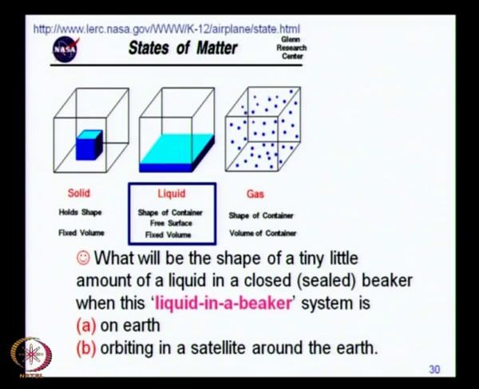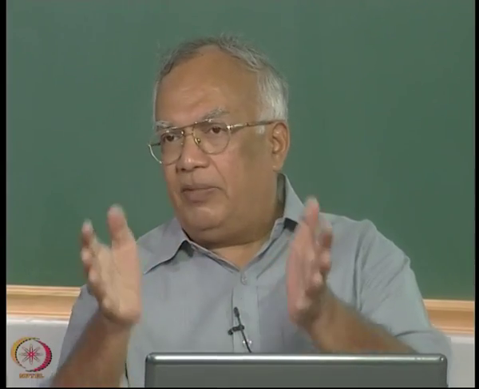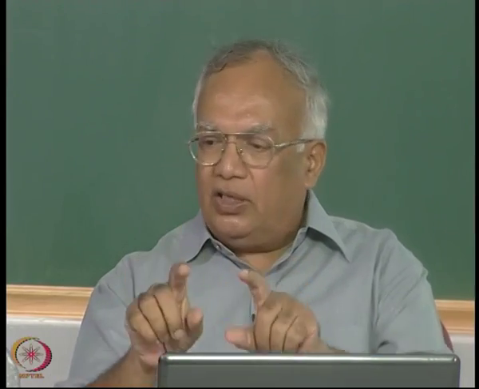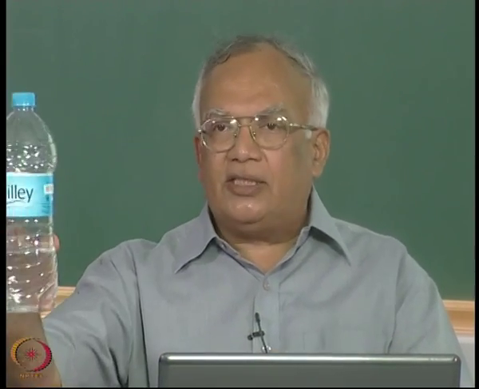The question is, what will be the shape of a tiny little amount of liquid that you keep in a beaker. So, there is a beaker which is a closed beaker, let us say that you have got some container and you seal it, and in this beaker you put a certain amount of liquid, something like this.